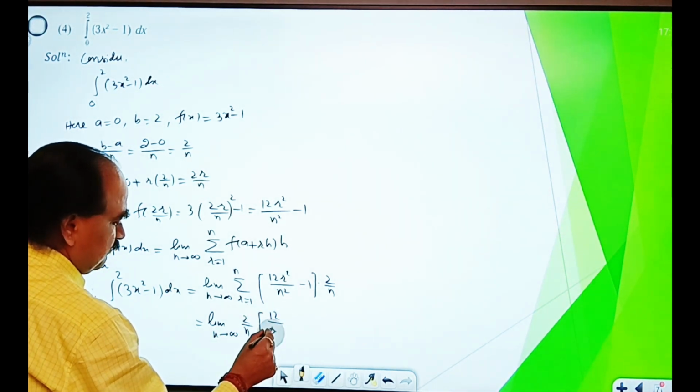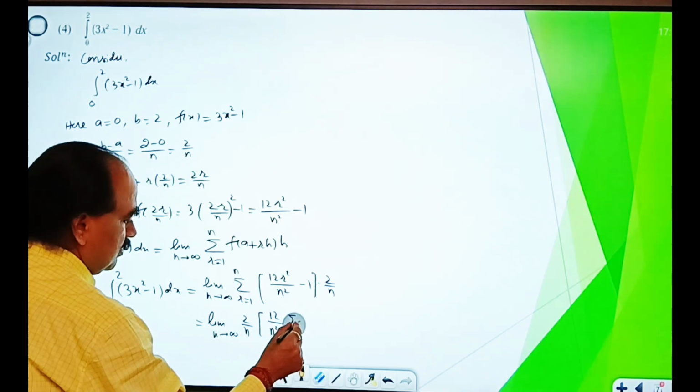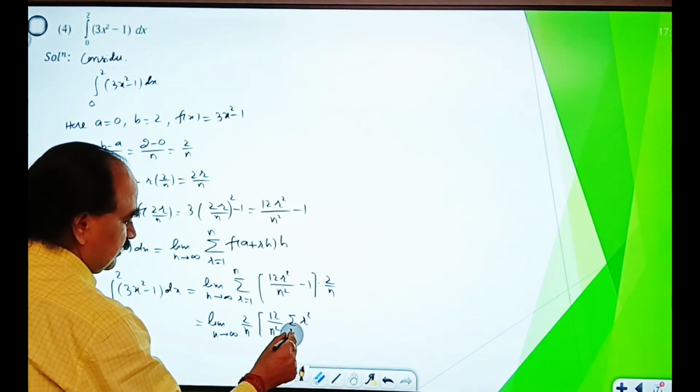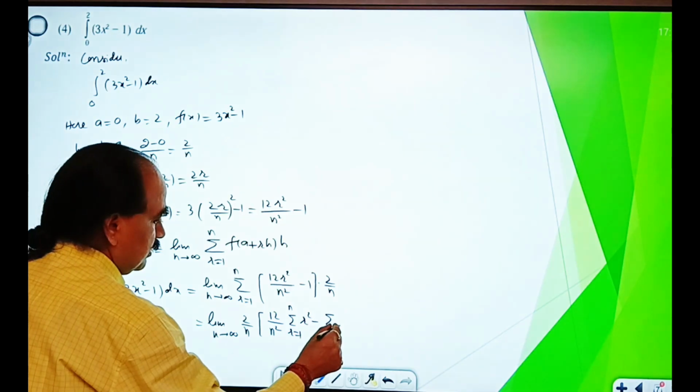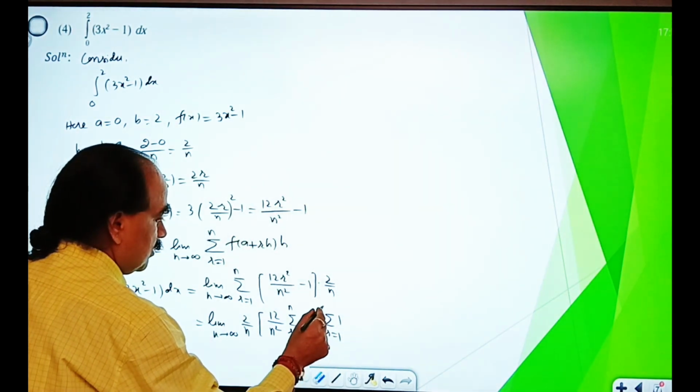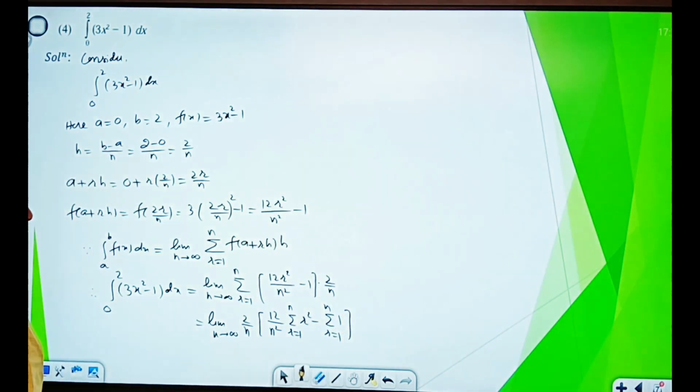Again 12 by n square will come outside, sigma r square, r takes value from 1 to n, minus sigma 1, r takes value from 1 to n.